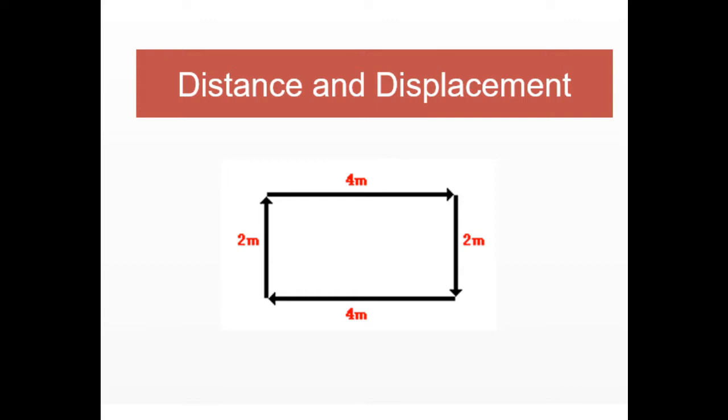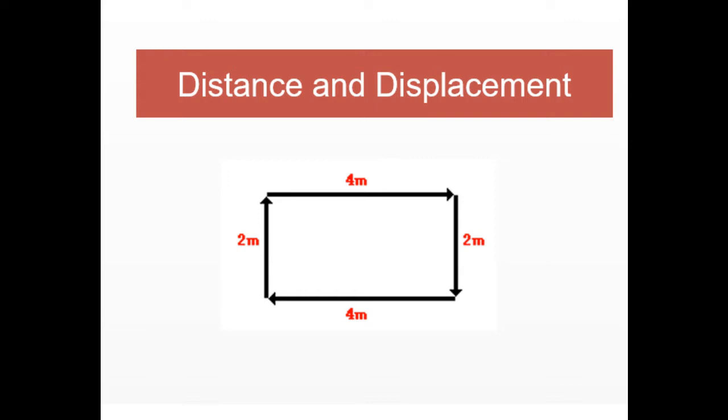So in this case, even though the teacher has walked a total distance of 12 meters, her displacement is 0 meters. During the course of her motion, she covered 12 meters of ground, so the distance is 12 meters.